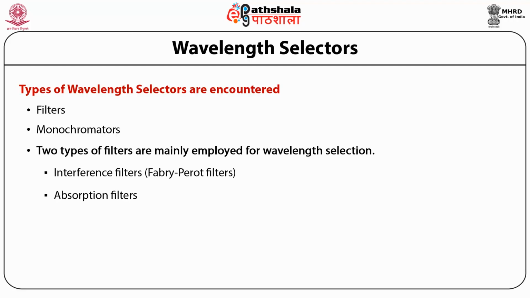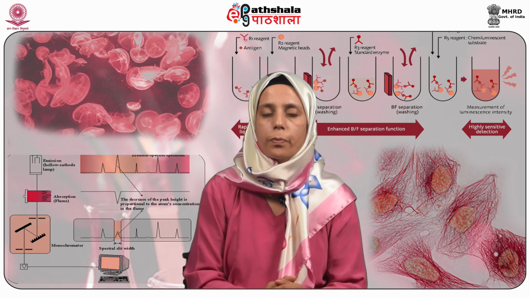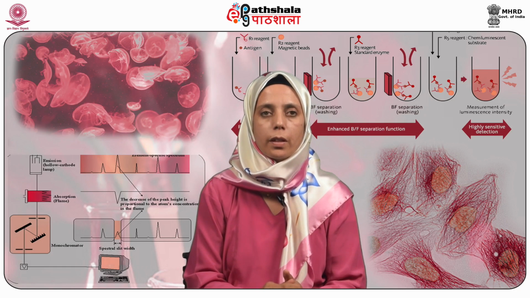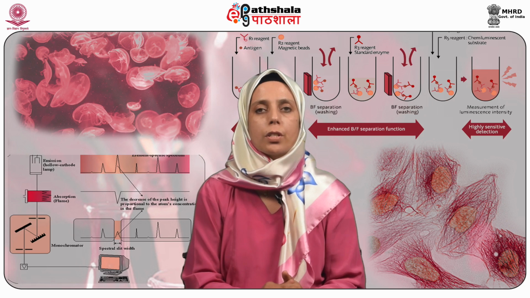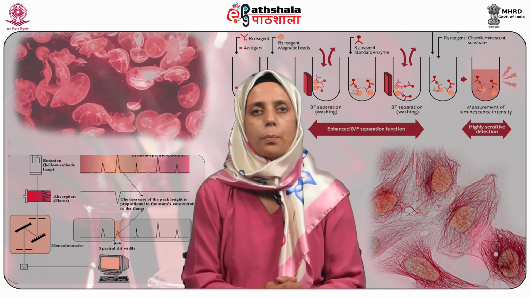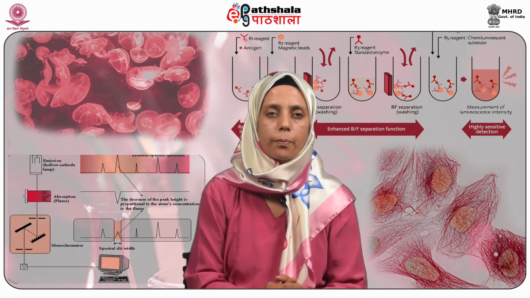Absorption filters are restricted to the visible region of the spectrum, whereas interference filters are used in the ultraviolet, visible as well as the infrared region. The first kind of filter used for selection of wavelength is the interference filter. They work on the concept of interference, as the name suggests. By optical interference, they provide a narrow band of radiation.